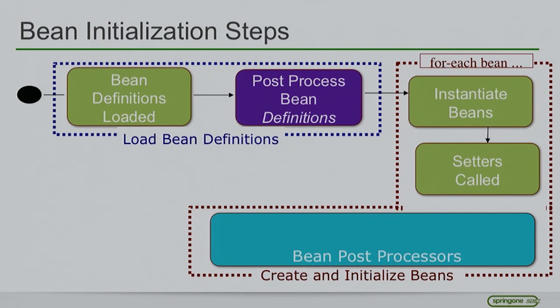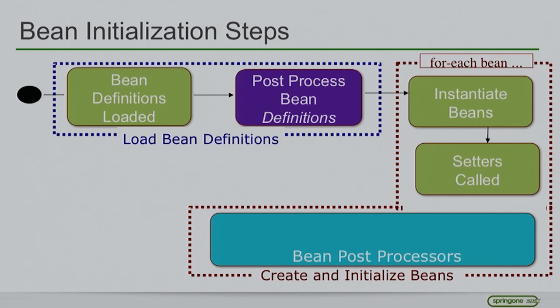What's the biggest difference between the bean factory post-processor and the bean post-processor? 2 key things. Number 1, the bean factory post-processor operates on bean definitions before the beans get instantiated. They're reading and manipulating the bean definitions that will ultimately determine what those actual objects look like at instantiation time. Okay, so that's number 1.